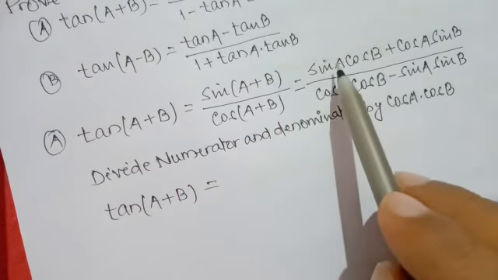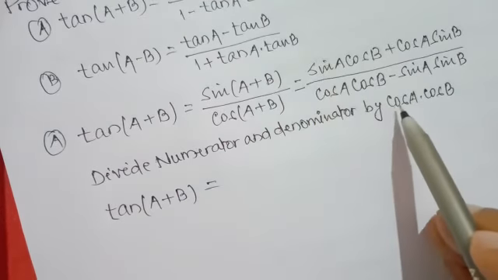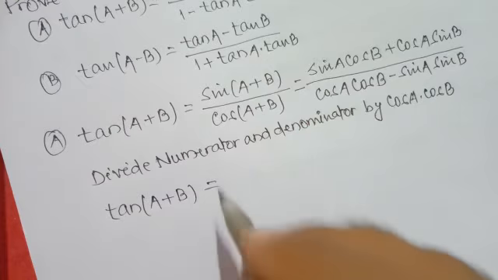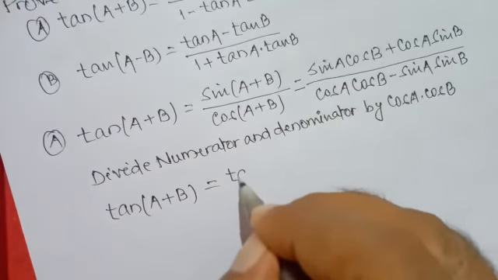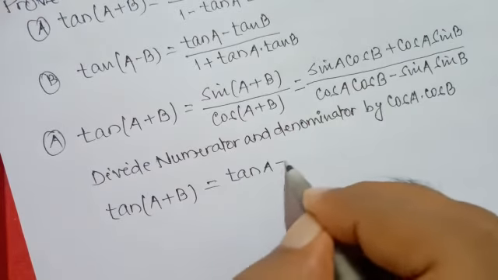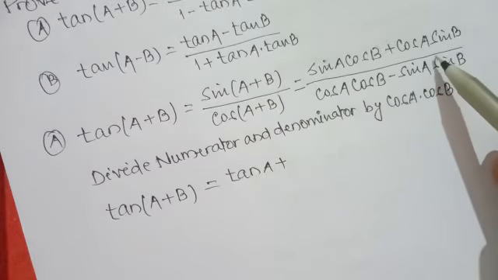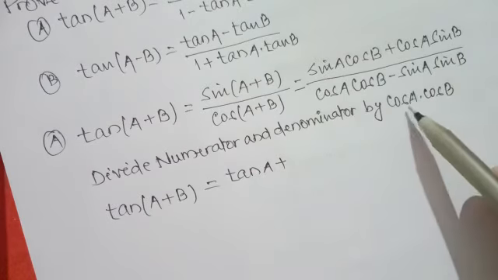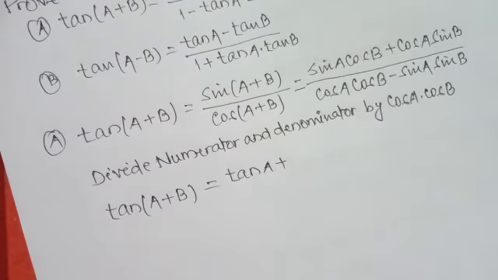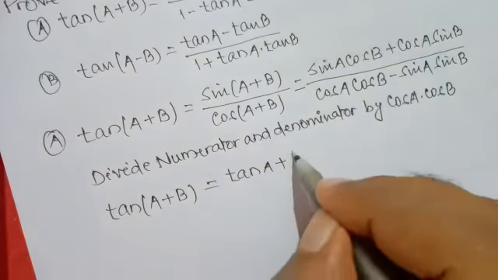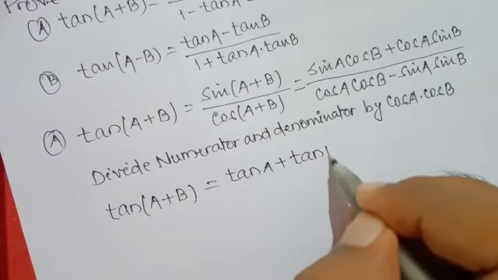We have left only sin A upon cos A, which becomes tan A. Similarly, in the second term, cos A sin B when divided by cos A cos B, then cos A is cancelled. How much is left? Sin B upon cos B, which is tan B.